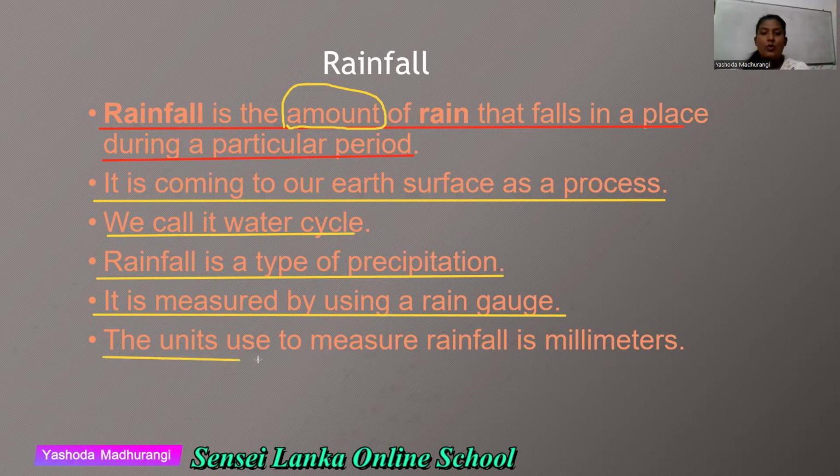The unit used to measure rainfall is millimeters. Temperature, Celsius or Fahrenheit. Now the rainfall, what is the unit? Millimeters. Not milliliter, not ml. Millimeters. In short form, it is mm.